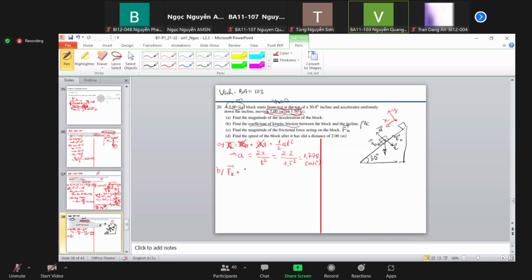You know g constant, you know cosine and sine of 30 degrees, so you can know mu k equal to sine 30 degrees minus a over cosine 30 degrees. Tell me the result, please.